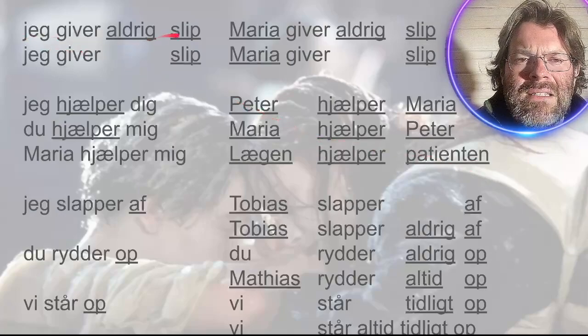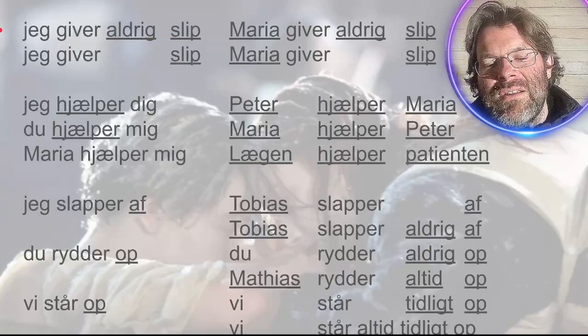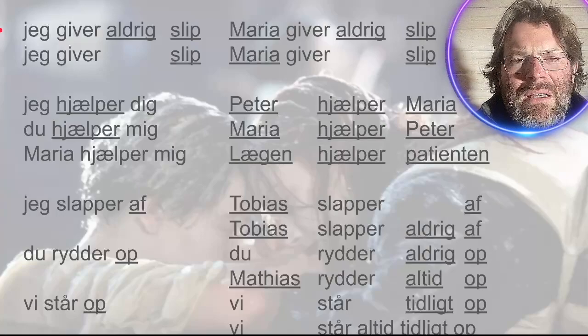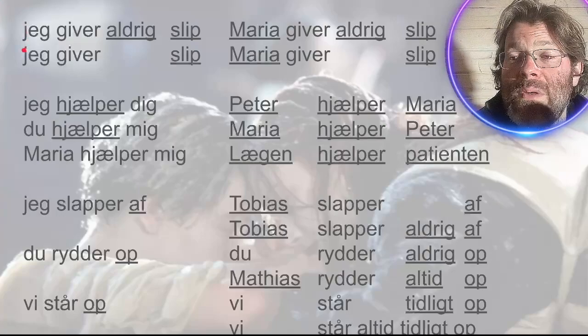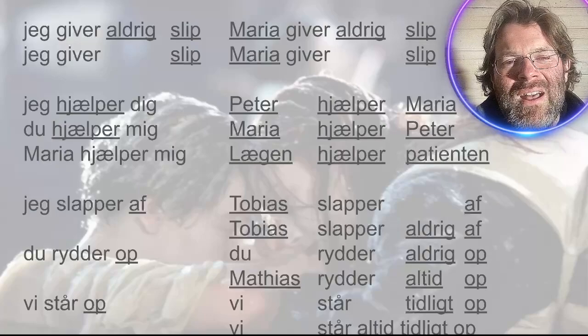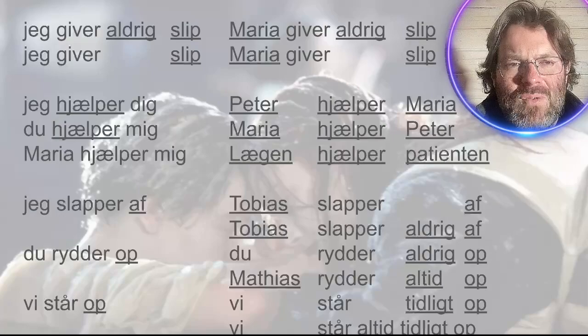Jeg giver aldrig slip. So normally the pronunciation of that would be jeg giver aldrig slip. We always have to distinguish between the naturally occurring pronunciation and the sort of teacher Danish that I sometimes use to make things more clear.